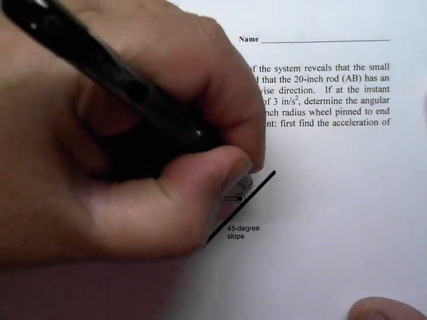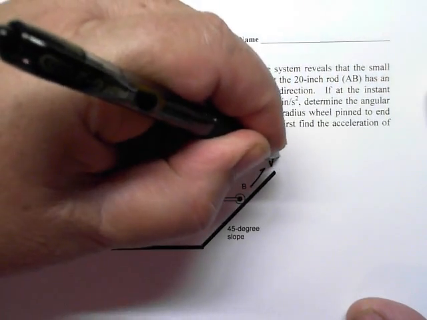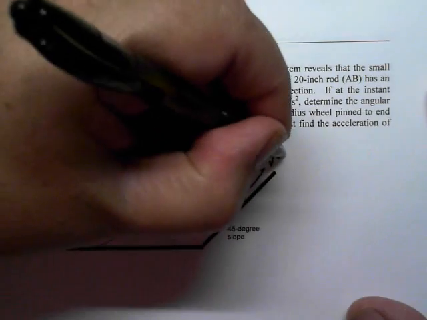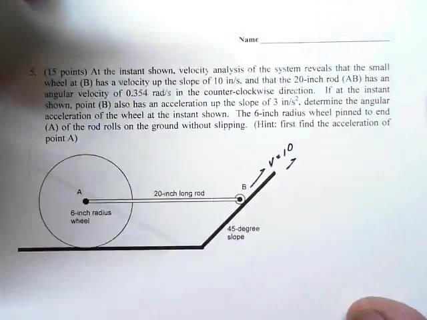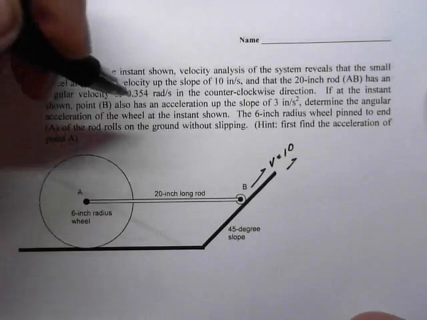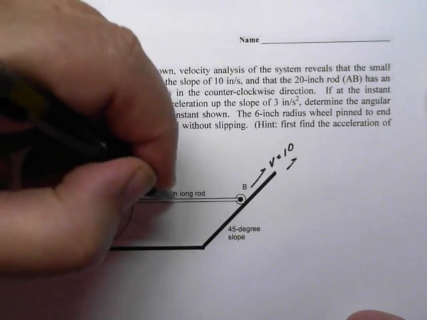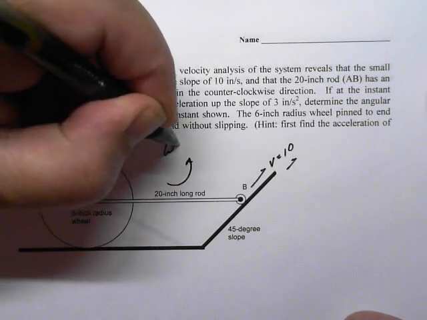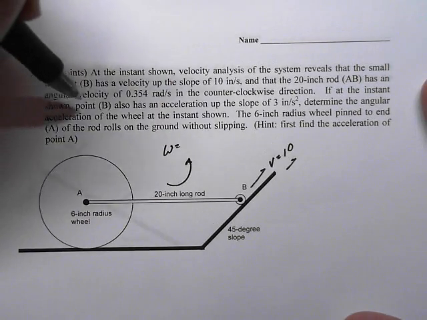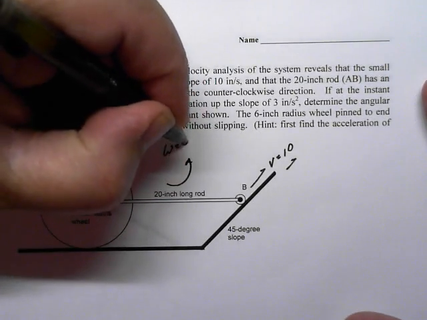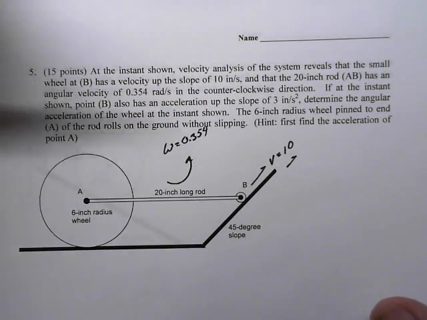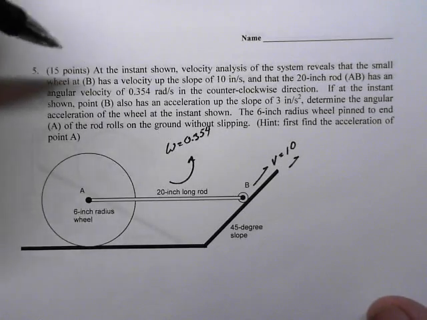So we know V equals 10 that way, and we know that counterclockwise direction, this rod has an omega equal to 0.354 radians per second in the direction shown.